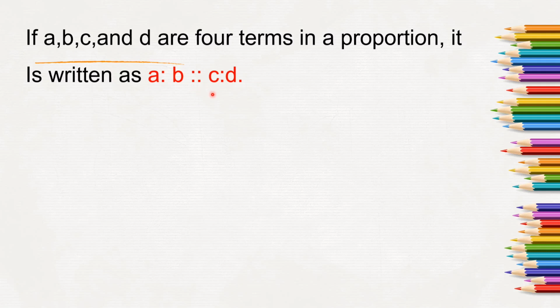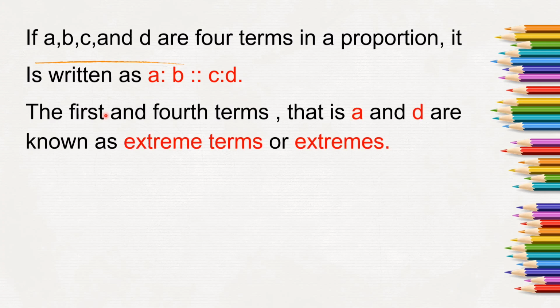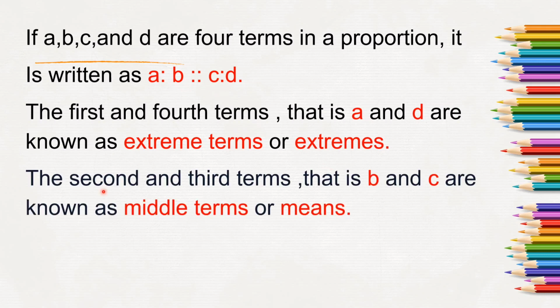So here the first and the fourth terms, that is A and D, are known as extreme terms or extremes. Similarly, the second term and the third term, that is B and C, are known as middle terms or means.